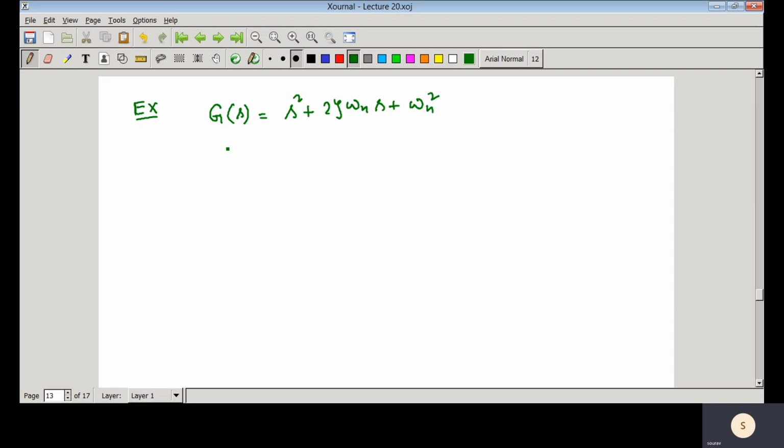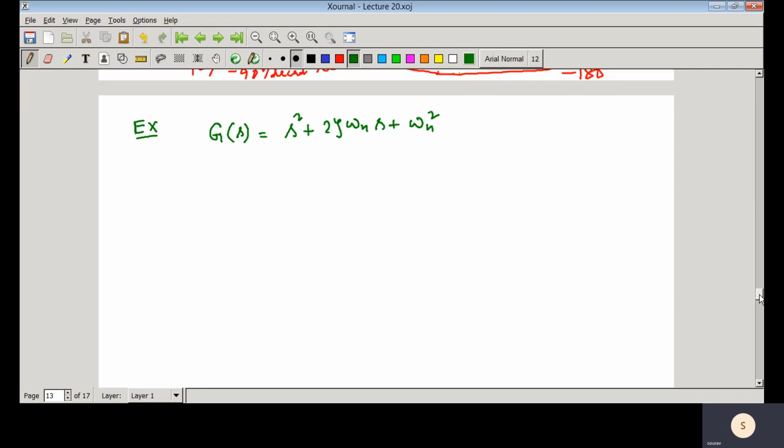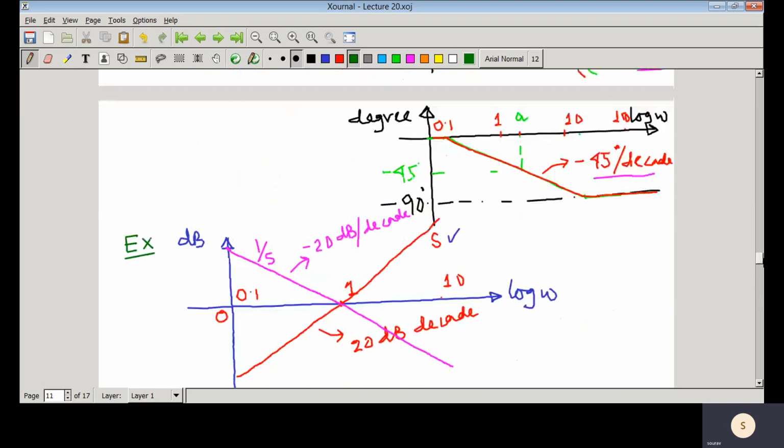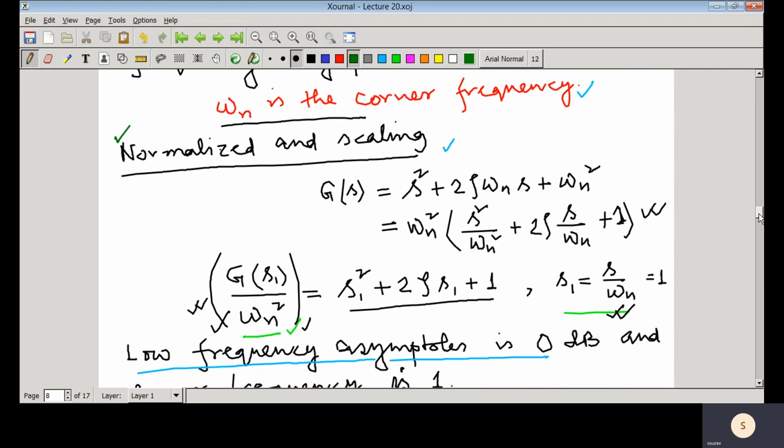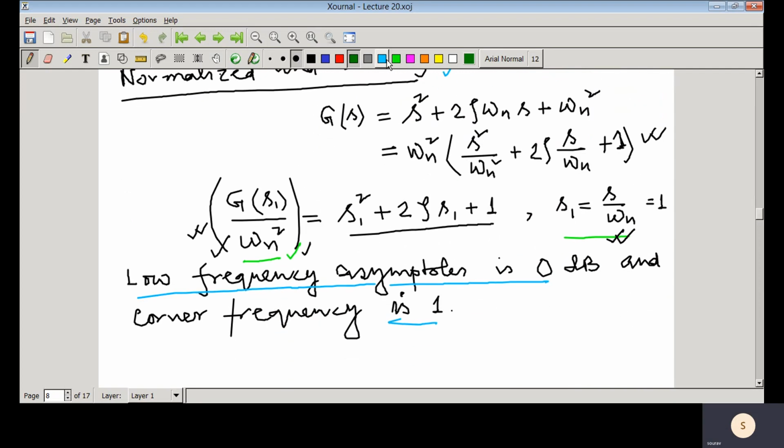We have discussed representing it in normalized and scaling form. So here we can write it in this particular form.